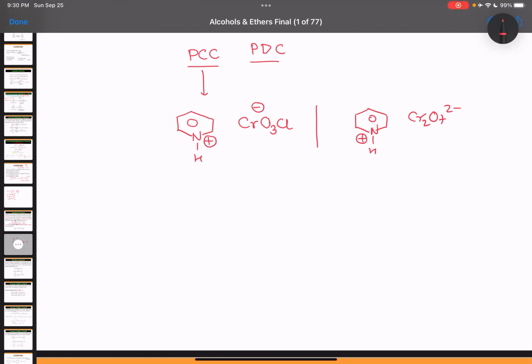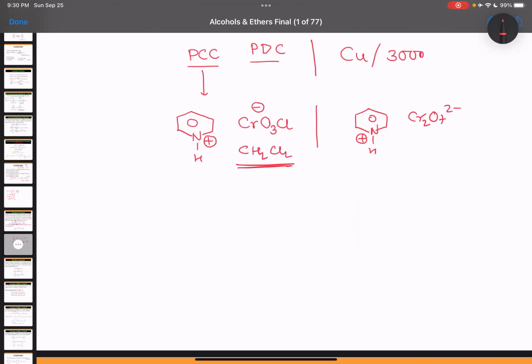And you should use the solvent CH2Cl2. This is the solvent for dissolving. Okay, that is responsible for the mild oxidation. There is another very important one, given in your NCERT, that is copper red hot tube.